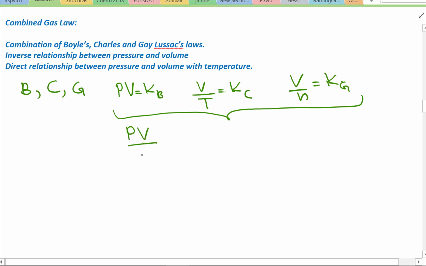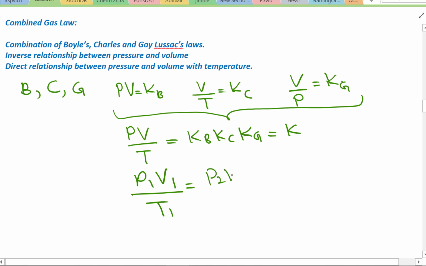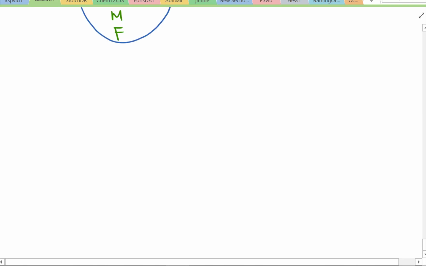So we can write PV over T equals one big constant, and P1 V1 over T1 is P2 V2 over T2. That's the most common one you're going to be using, right?